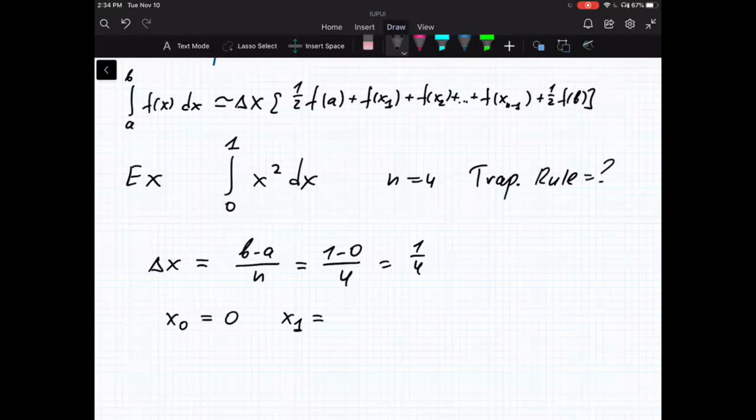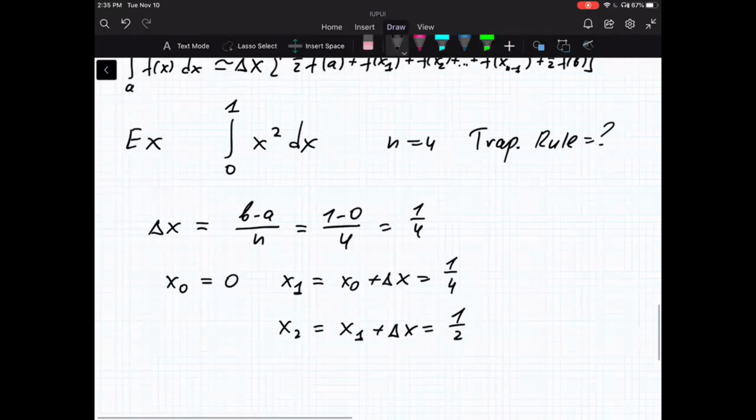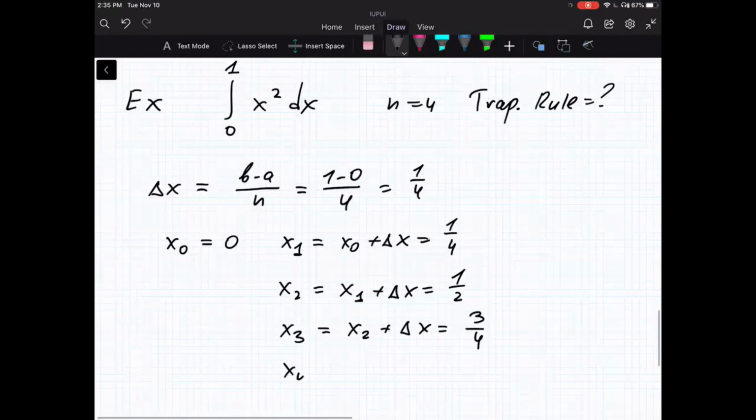The second one, x1, will be x0 plus delta x, so it will be 1 over 4. x2, by the same reason, is x1 plus delta x, and it will be 1 over 4 plus 1 over 4, which is 1 over 2. x3 will be x2 plus delta x, which is 1/2 plus 1 over 4, and it will be 3 over 4. And the last one, as we expected, x3 plus delta x will be 4 over 4 or 1. So our point b.